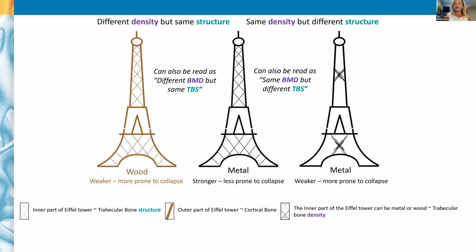So that makes sense that the one made out of wood is going to be less stable. But if we have an Eiffel Tower made of metal, of the exact same amount of metal, the same density, but the structure has been changed, you can see the one on the right is now more prone to collapse because we've gotten rid of the scaffolding, which is really important to the structure. And hence, that's why it's the BMD and TBS combined. Next slide.